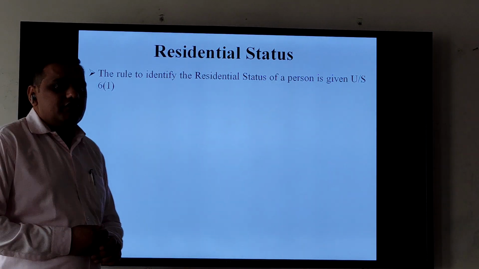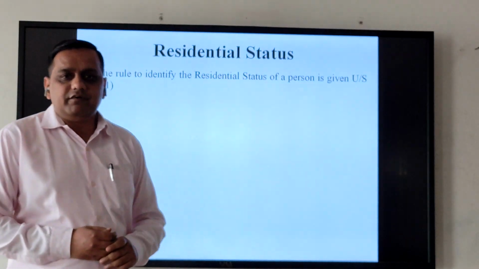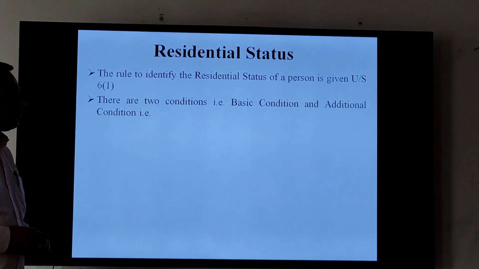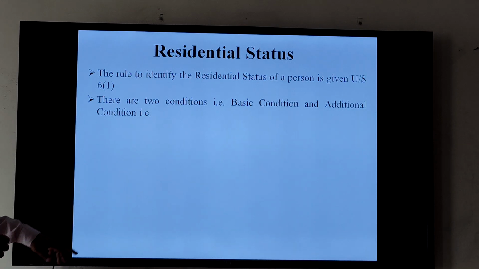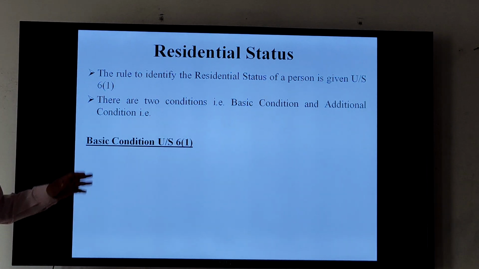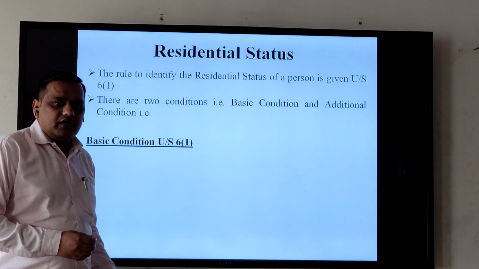The rule to identify the residential status is given under section 6 of the Income Tax Act. This rule is commonly known as condition. There are two types of condition. First condition is known as basic condition.